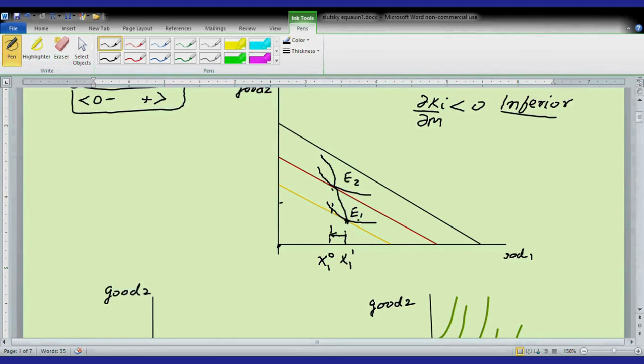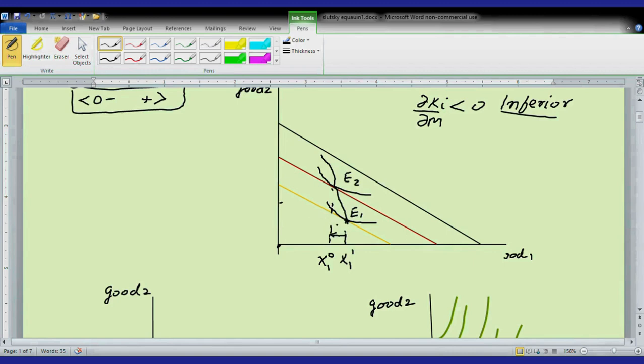You may think in terms of the changes in the quality of food when your income is increasing. You start consuming better quality of food, and the consumption of inferior quality of food decreases as the income increases, and that of the better quality of food increases.